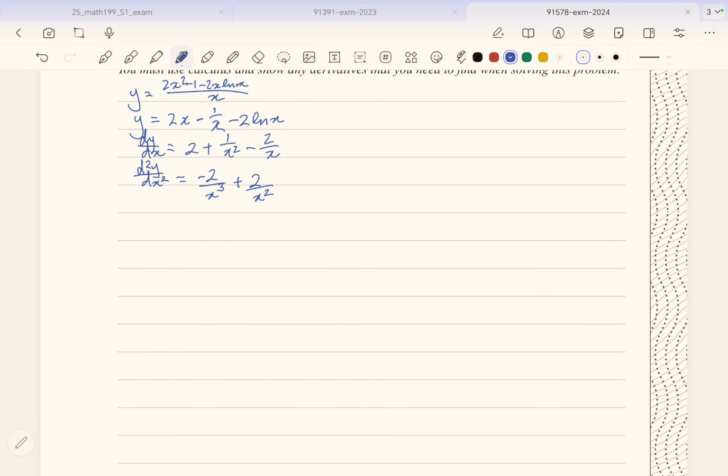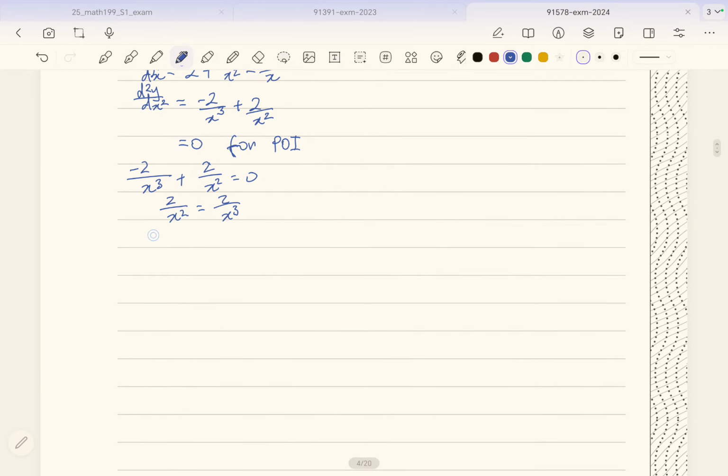And we're going to set that to 0 for point of inflection. So we get negative 2 over x cubed plus 2 over x squared equals 0. So 2 over x squared equals 2 over x cubed. Cross multiplying, 2x cubed equals 2x squared.